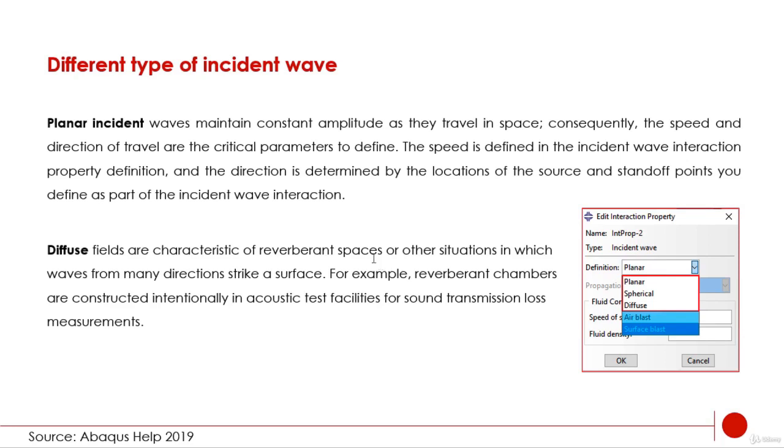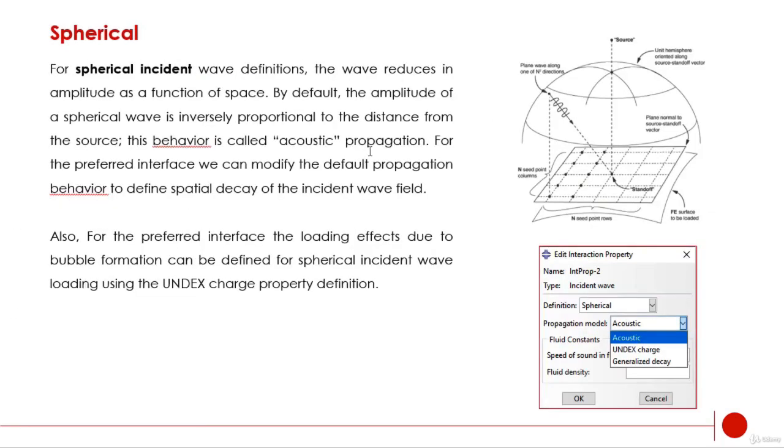Okay, so now the next one, which we normally use for explosions underwater, is a spherical incident wave. For a spherical incident wave definition, the wave reduces in amplitude as a function of space. By default, the amplitude of the spherical wave is inversely proportional to the distance from the source.